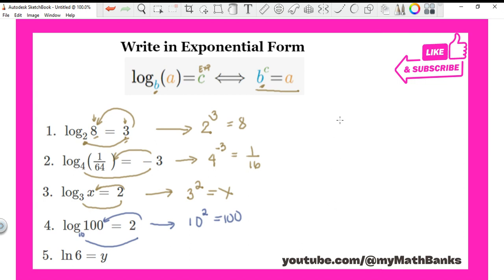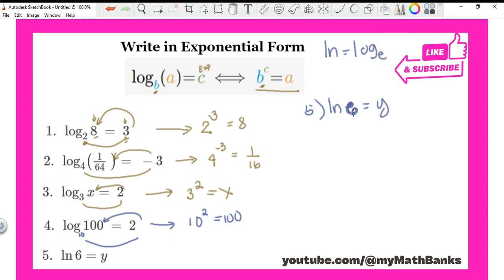All right. For number 5, I'm going to write it here: ln 6 equals y. Now, every time you see ln, it really is like this, log of e. So the base is e.